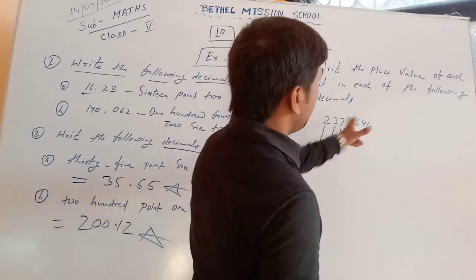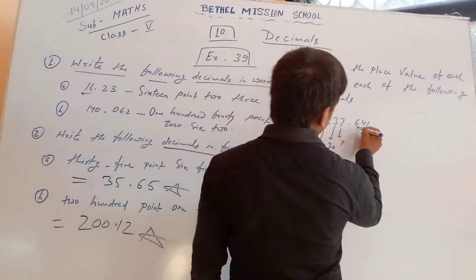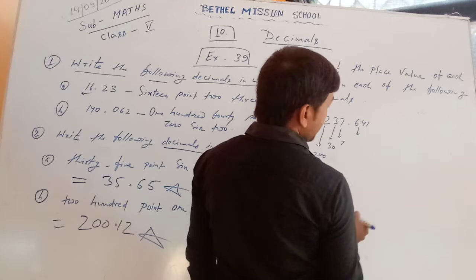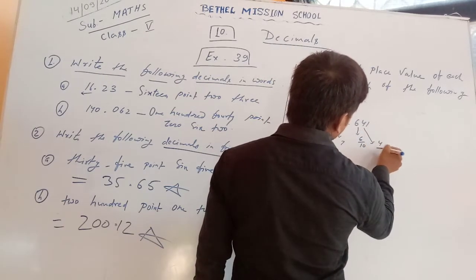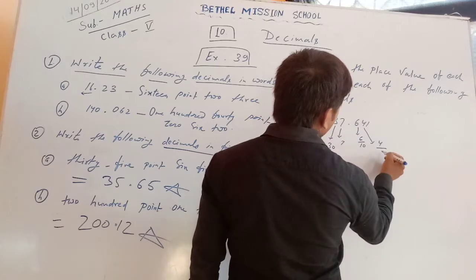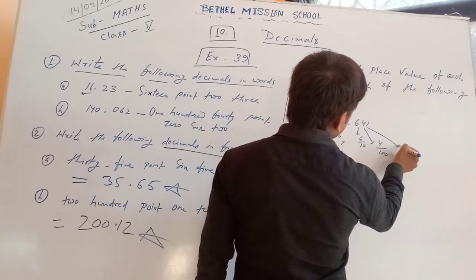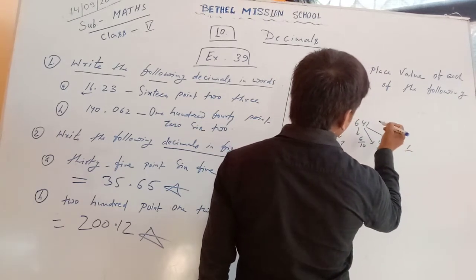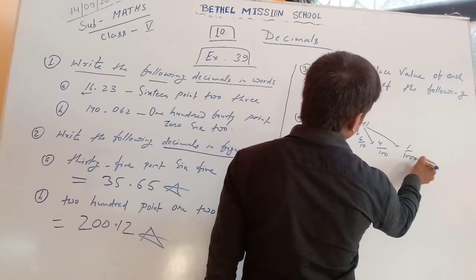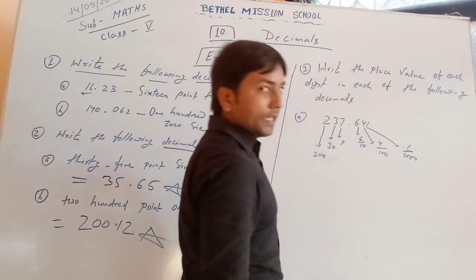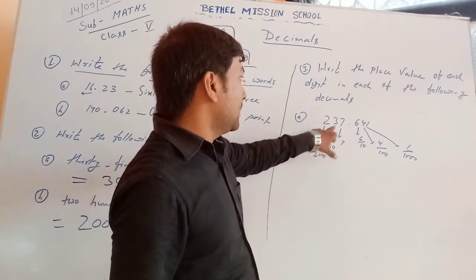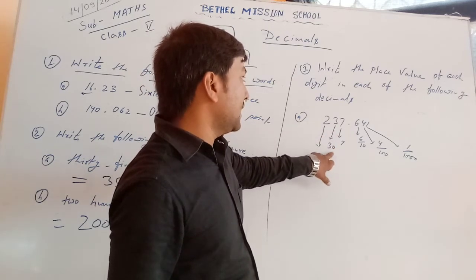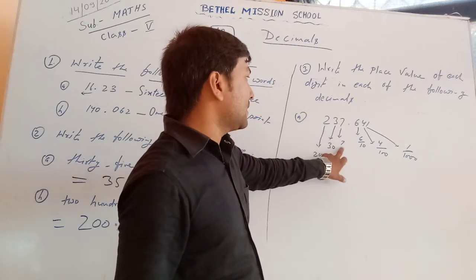After the decimal, this is 0.6, which means 6 upon 10. This is 4 upon 100, and this is 1 upon 1000. So the place value of 2 is 200, the place value of 3 is 30, the place value of 7 is 7.